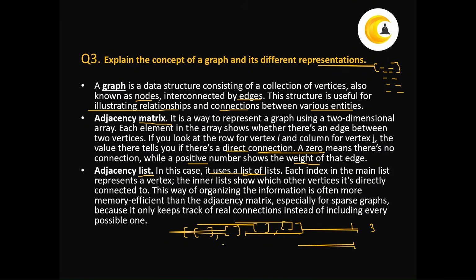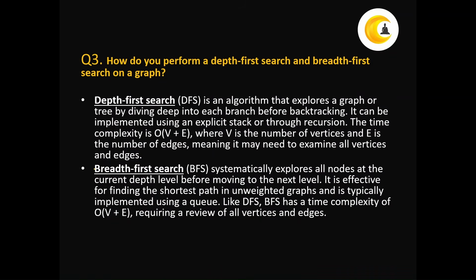That means 1 is linked with 3. Okay. So this is a way of organizing information which is more memory efficient than the adjacency matrix, because it definitely gets complicated maintaining those zeros and whatever positive numbers that you have. Okay, so definitely if someone asks you what would you prefer, you would obviously choose lists over matrix. Okay, rest is up to you.